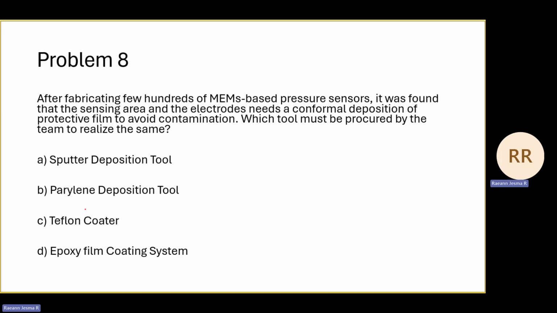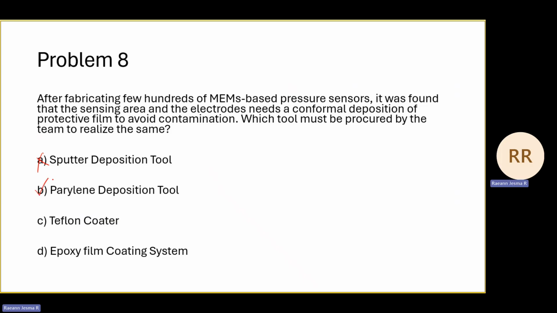We know that physical vapor deposition techniques will not give us conformality. A is sputter deposition, which is a physical vapor deposition, so it is wrong. What we need is something which will give us a conformal deposition. So the correct answer for this question is B, which is Parylene deposition tool.